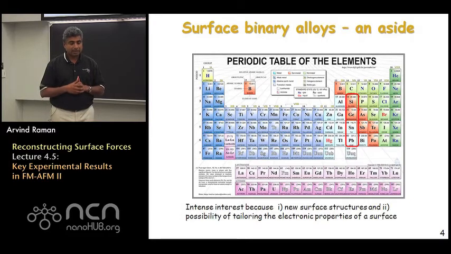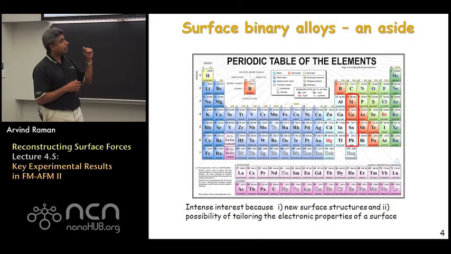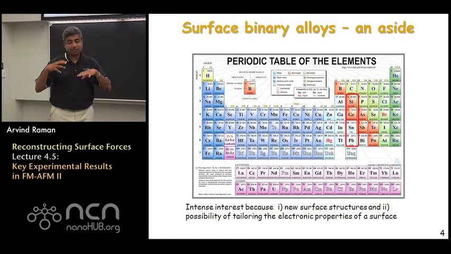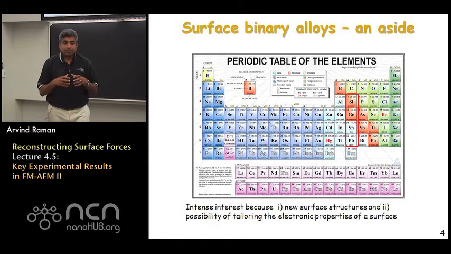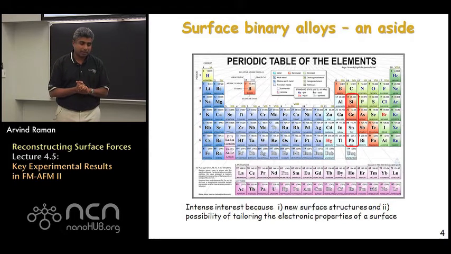Lattice spacing is fixed, and so the idea that one can put on the surface of silicon other elements that are shown, for example, in the red box on this periodic table, and that the atoms in these elements can very easily integrate themselves into a silicon surface, thereby completely changing the properties of the silicon surface, makes this a very interesting field, because alloying the surface allows one a degree of tunability of the surface that is very rarely encountered in other situations.